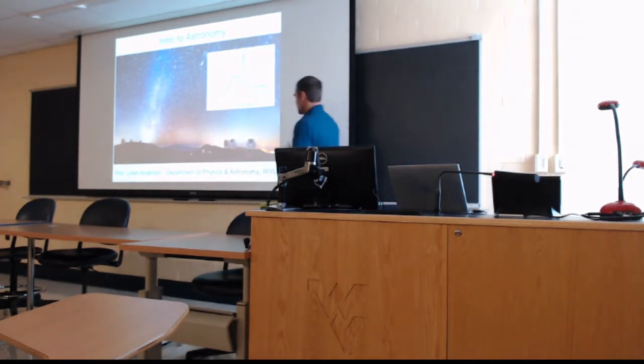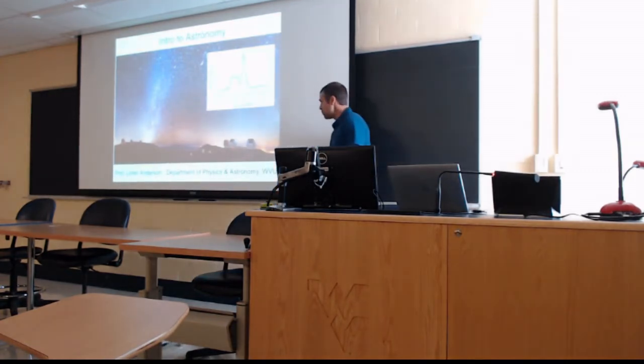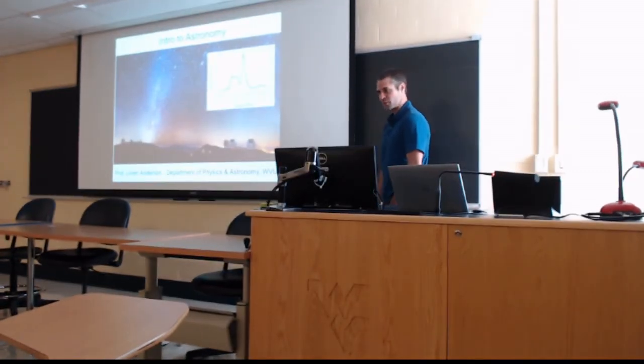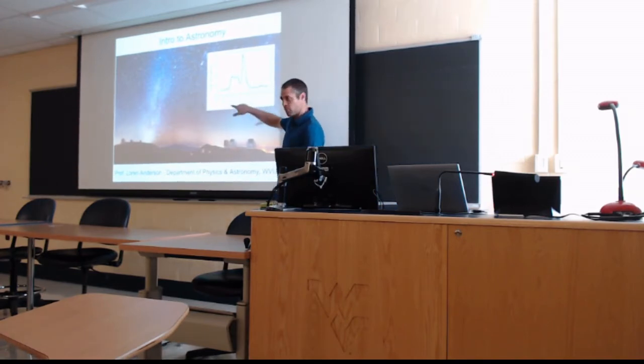The x-axis is frequency. And so this is called a spectrum, which is intensity versus frequency. The frequency here is tuned by your little radio telescope. And so each one of these is a little measurement of the intensity at a given frequency.